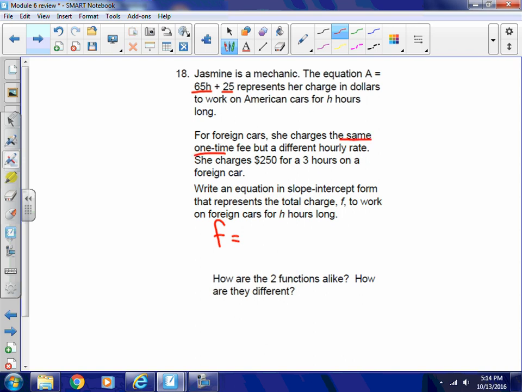That means for foreign cars, my B is still equal to 25. It's my M that's going to change. I don't know M, but I do have an ordered pair. 3 hours gets paired up with $250. So in y equals mx plus b, let's plug in our x, our y, and our b.